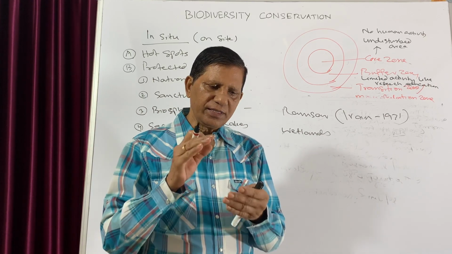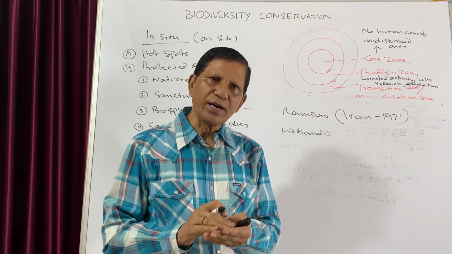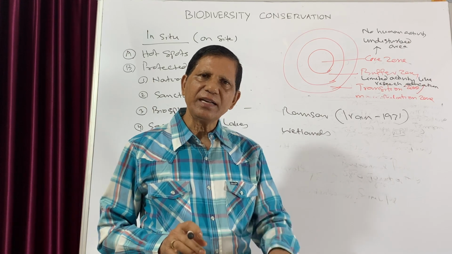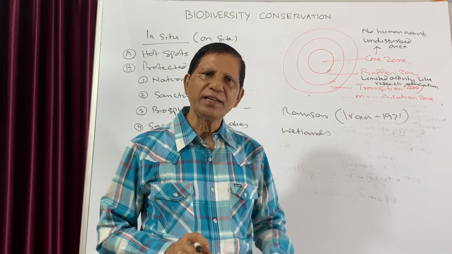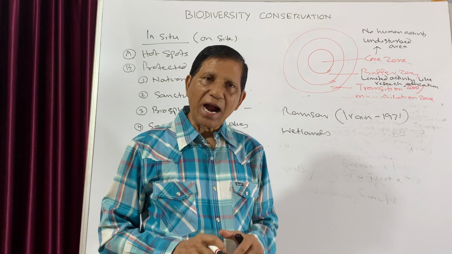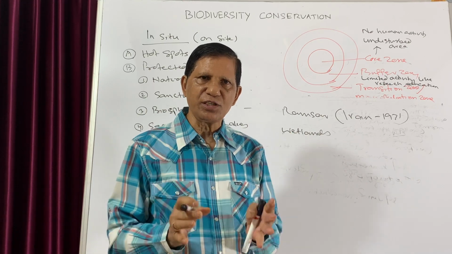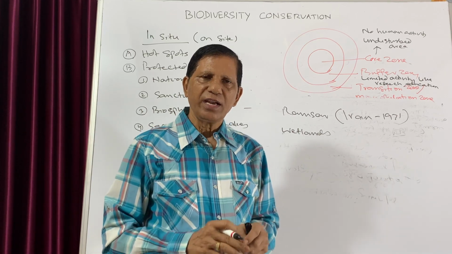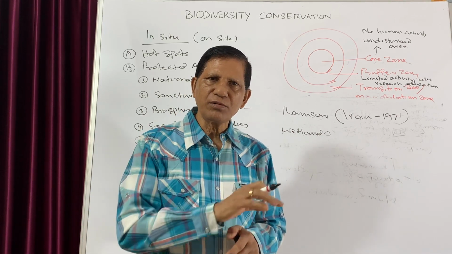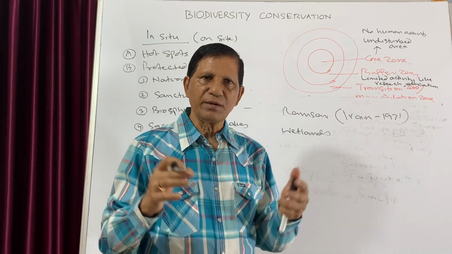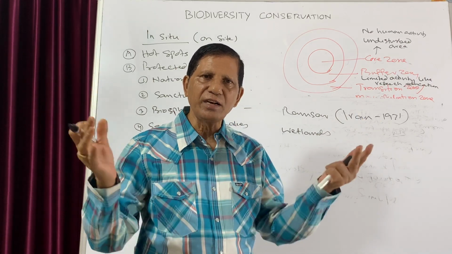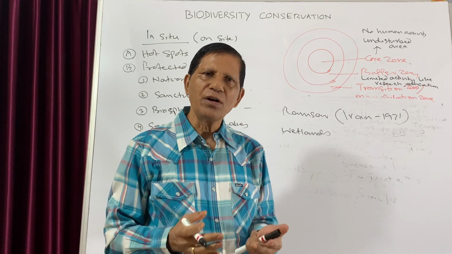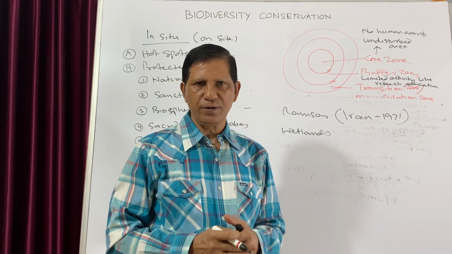Wetlands have importance in maintaining the level of groundwater, and some species survive in those wetlands. If we grow trees and bushes around the wetlands, then several migratory birds will come and stay. So our biodiversity can be conserved.